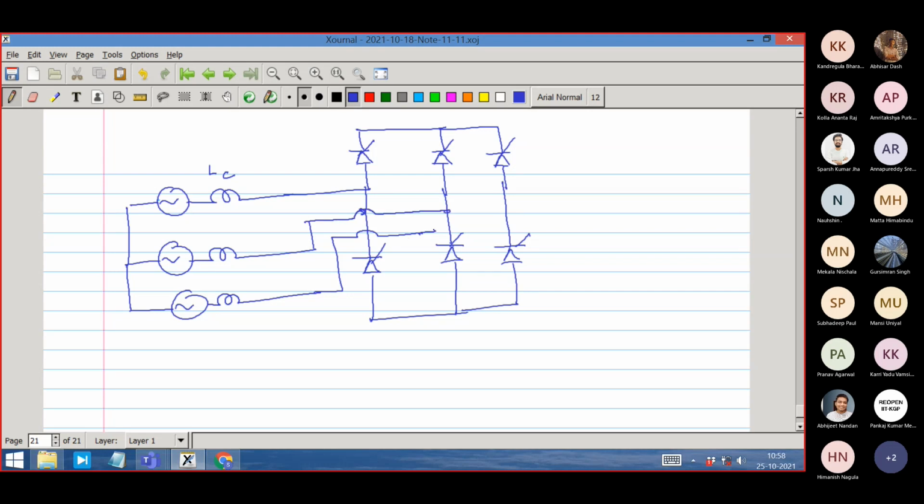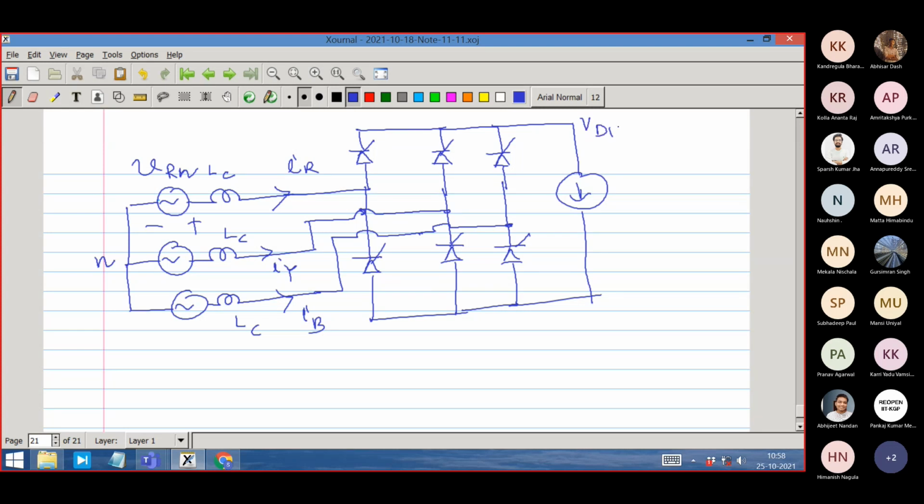This is the circuit, and this is how the rectified voltage will change due to the presence of commutating inductors. This is IR, this is IY, this is IB, with VRN, this is N, this is VD1N, and this point is VD2N.